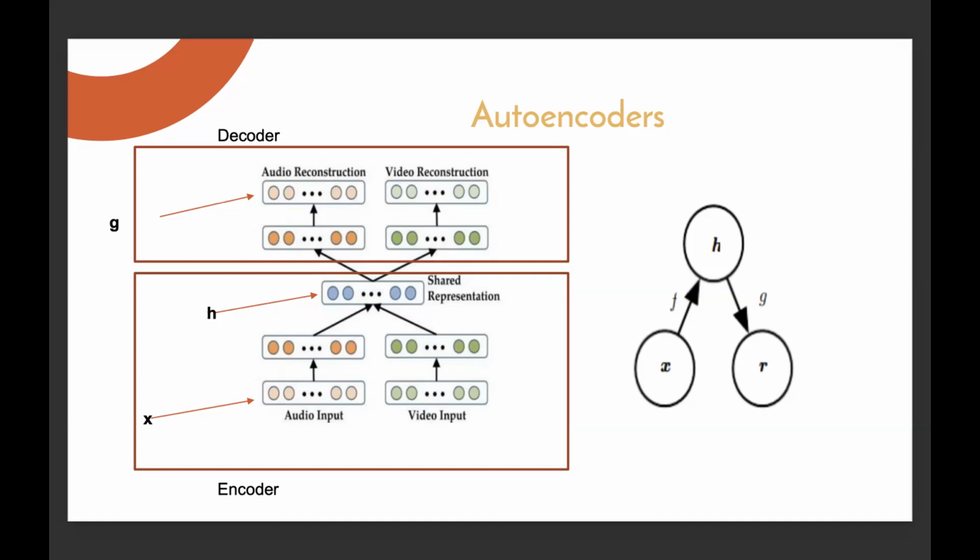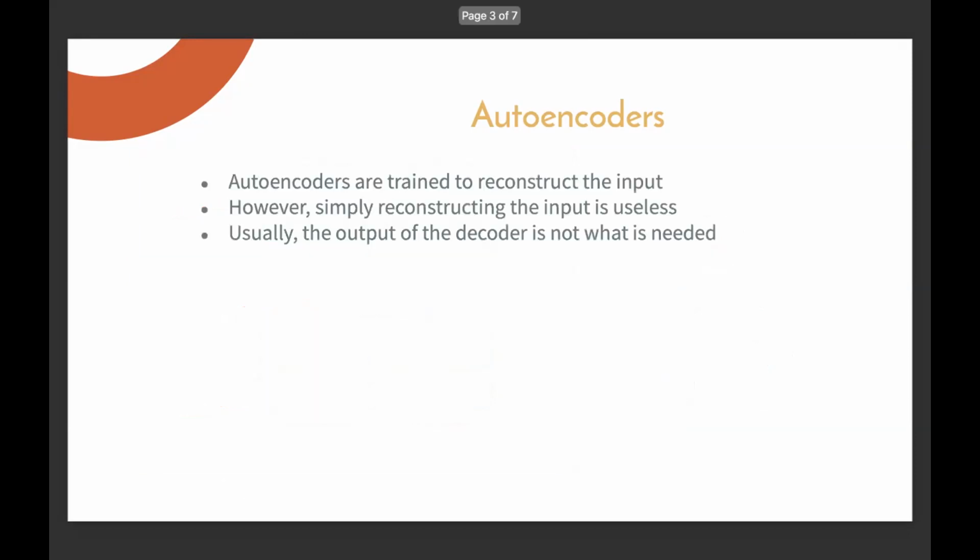In the shared space, we have the h, and then we have the decoder part for each representation, or we can sample the h from this space, and then we can use two separate decoders to reconstruct the audio or the video. So this is a basic architecture of an autoencoder for cross modality.